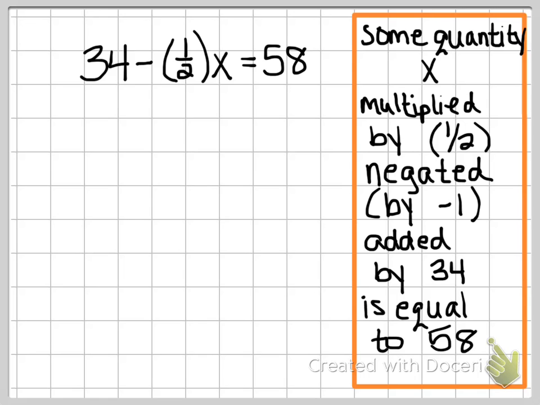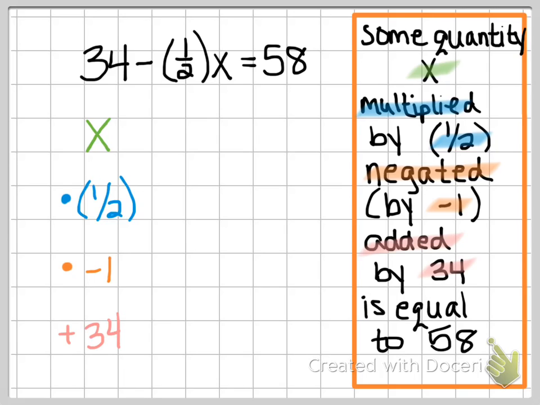We can read algebraic equations horizontally. It's depicted above. You can also take the same storyline and write it vertically. We start with some quantity x, we multiply it by 1/2, and then we negate it by multiplying by -1. 1 is the multiplicative identity, so it doesn't change the value, but the -1 changes the sign of the value.